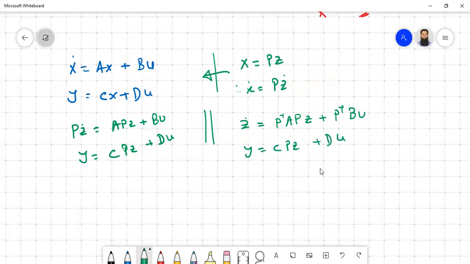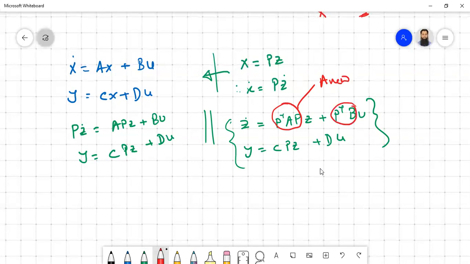So in this new system, this is your new A matrix, this is your new B matrix, and this is your new C matrix. D remains as it is, unchanged.